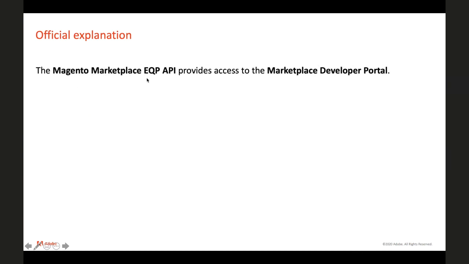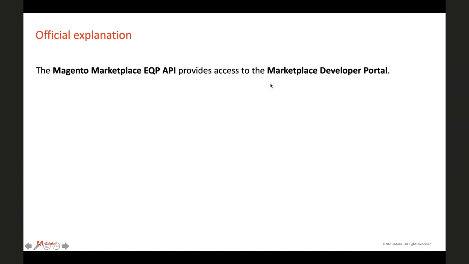For extensions that are on the marketplace, they've all passed through something called the EQP. EQP stands for Extension Quality Program, and it includes automated and manual reviews of any of the submissions of the extensions that want to get onto the store. The goal of EQP is to give the buyer the assurance of quality.